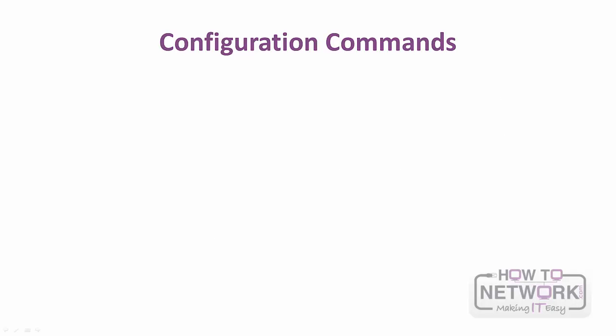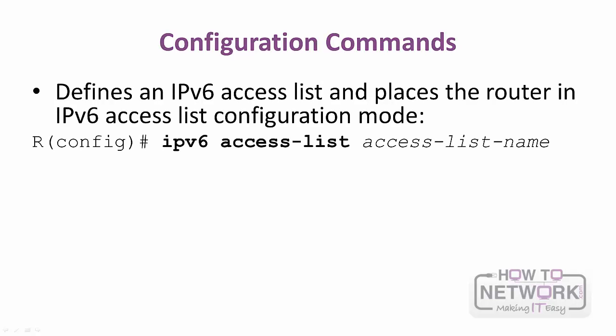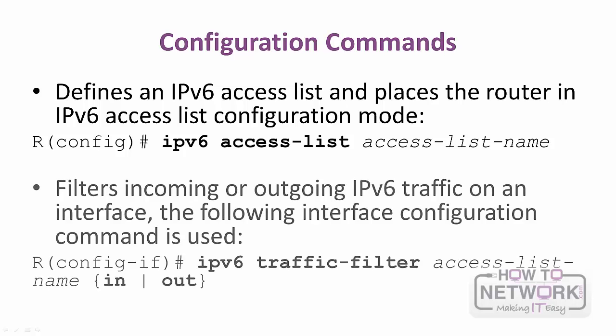Configuring IPv6 ACLs is similar to configuring IPv4 ACLs. The following are the commands used to configure IPv6 ACLs. Defines an IPv6 access list and places the router in IPv6 access list configuration mode. Filters incoming or outgoing IPv6 traffic on an interface. The following interface configuration command is used.